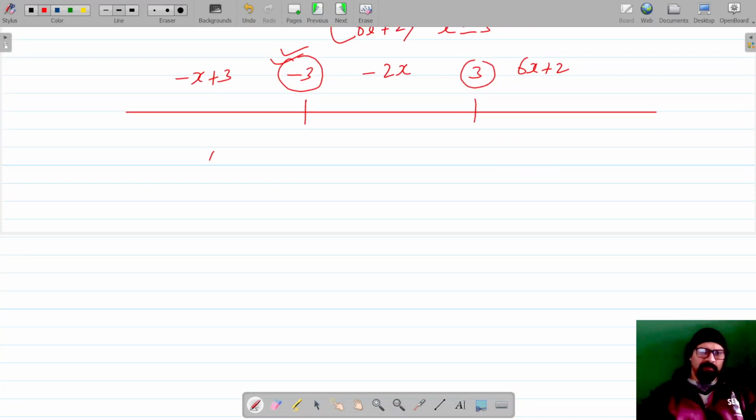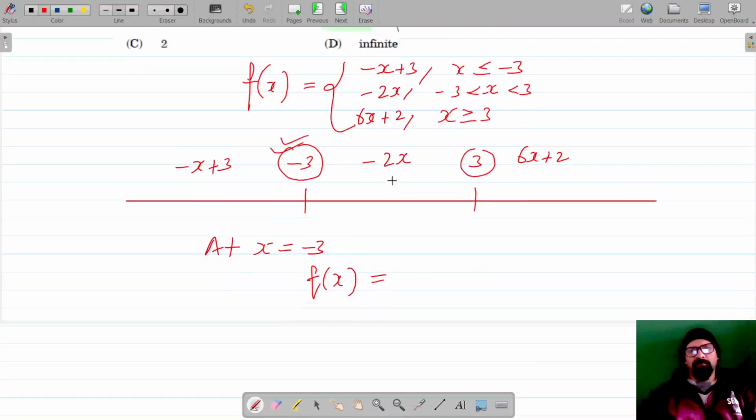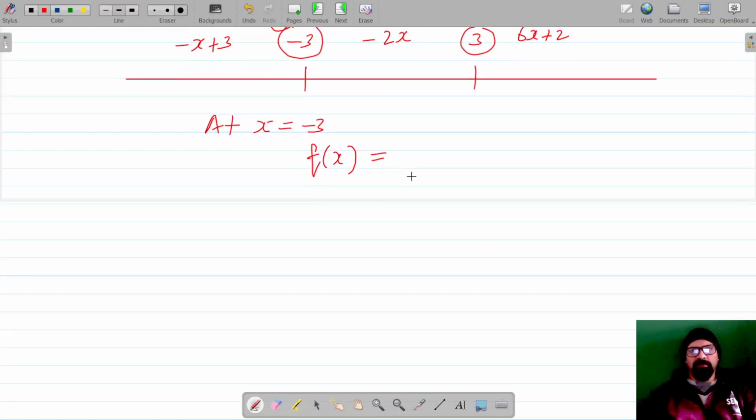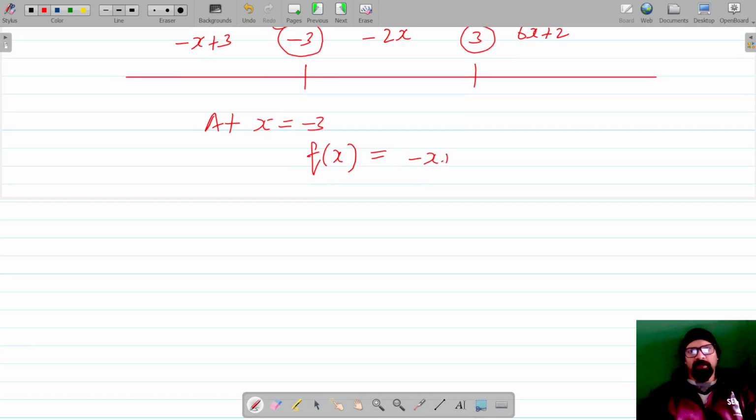So first one is at x equal to negative 3. At x equal to negative 3, the value of the function is negative x plus 3, so this is negative, and x is negative 3, plus 3, which gives me 6. Let's find out the left hand limit.